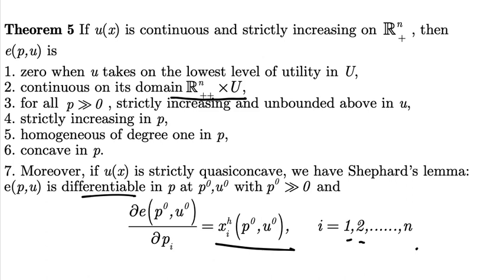So let's crack on. The first property is that the expenditure function, which is E as a function of prices and also utility, is 0 when utility takes on the lowest level of utility in the set of utility levels. So what does it mean? The lowest level of utility in the set of many utilities is actually when you don't consume any bundles.